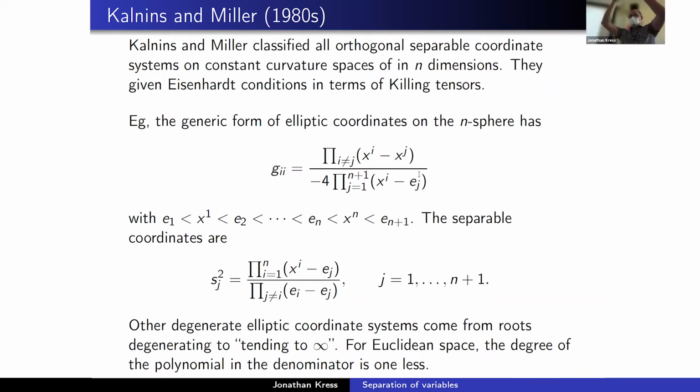If you let two roots coalesce, you get a different coordinate system, and another two roots coalesce, and so on, and you get this distinct structure of elliptic coordinate systems. So this is another way to generate them all, although they were worked out from the ground up, looking at all the possible cases, but then you can see how they're connected by these degenerations.